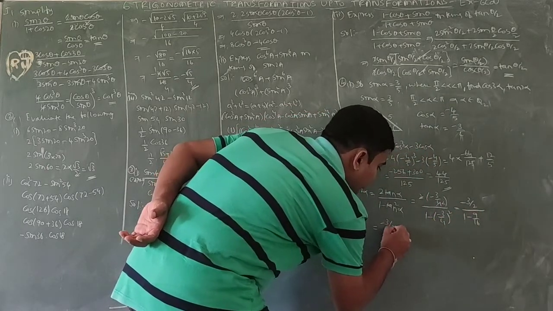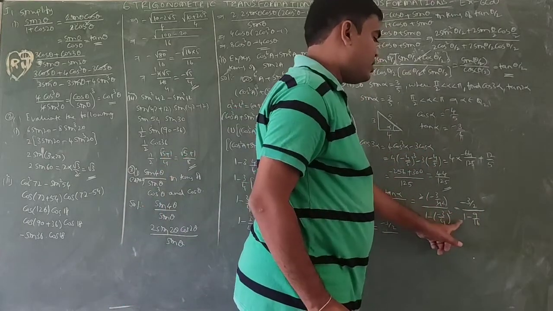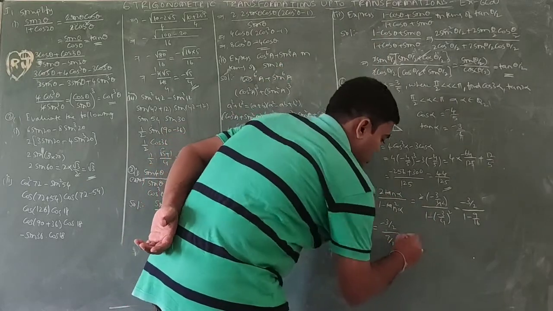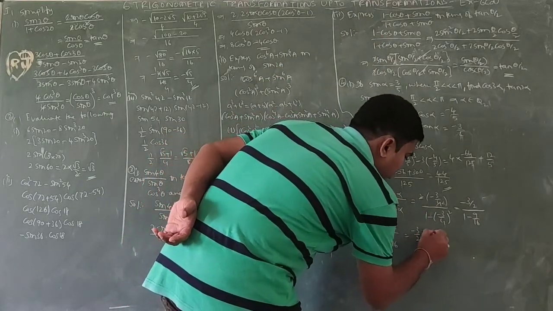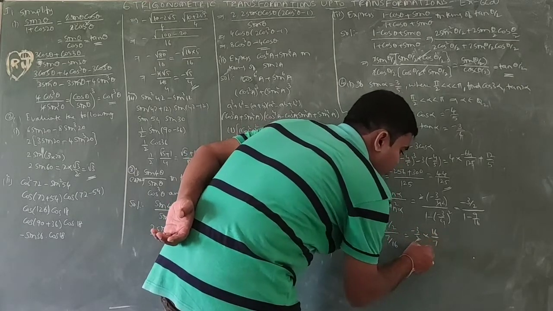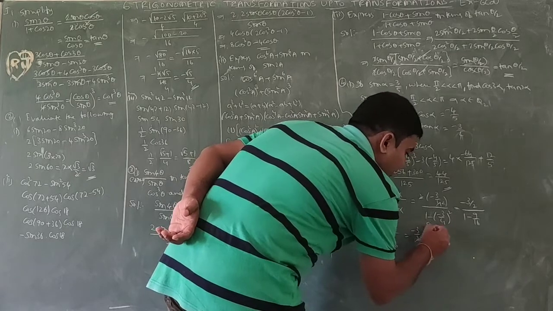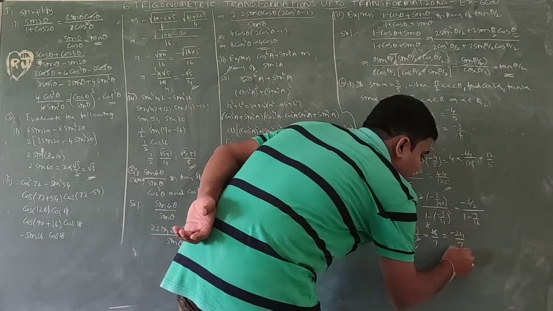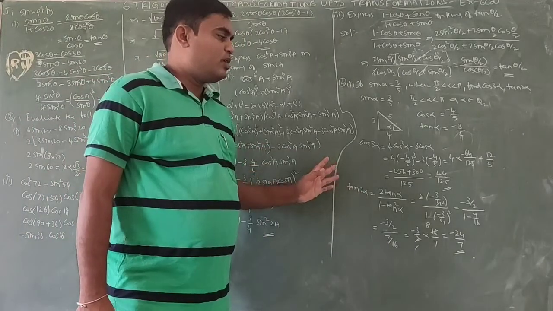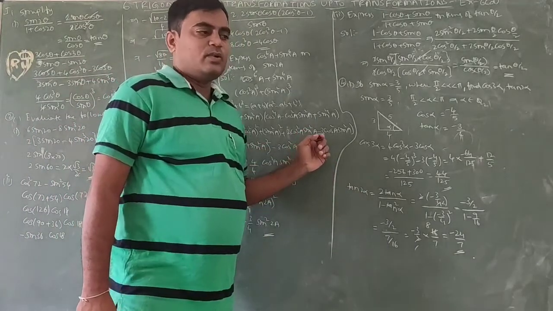Minus 3 by 2 by 16 minus 9 is 7 by 16, equal to minus 3 by 2 into reciprocal 16 by 7. So 2 into 1, 2 into 8, minus 3 into 8, minus 24 by 7. So this is cos 3 alpha, this is tan 2 alpha. So these are the results. Okay, next question.